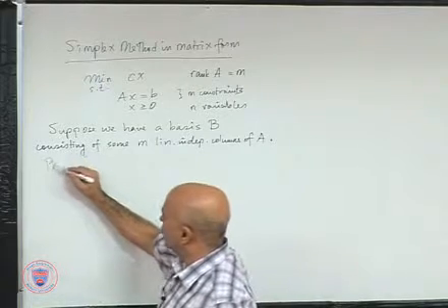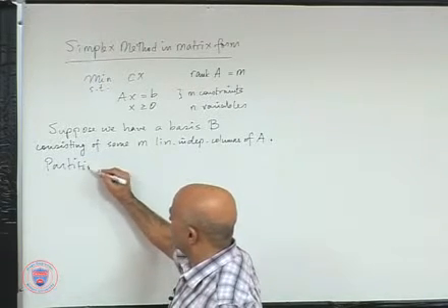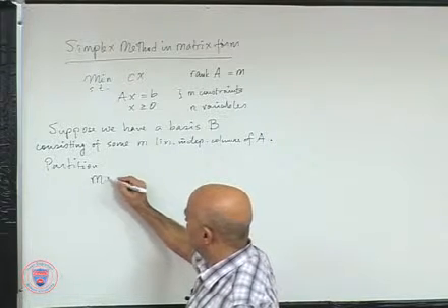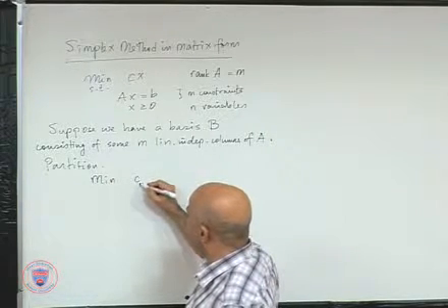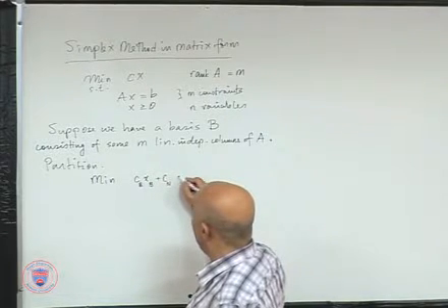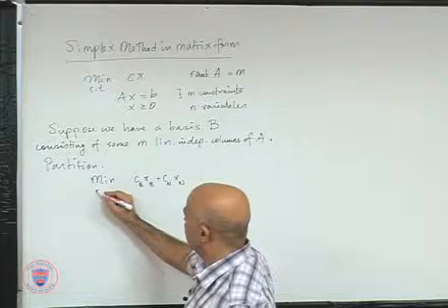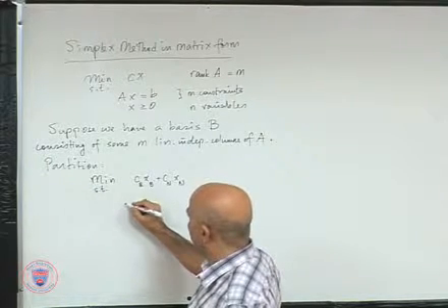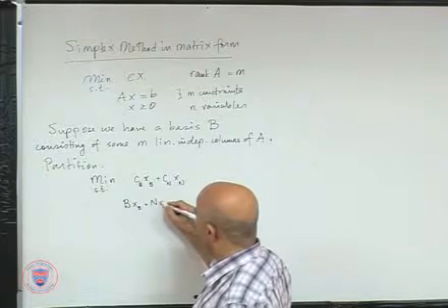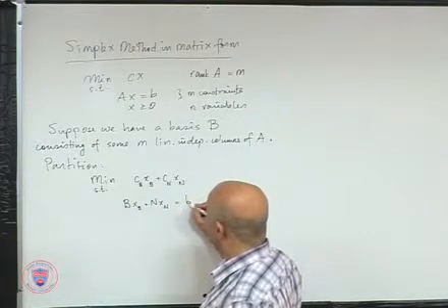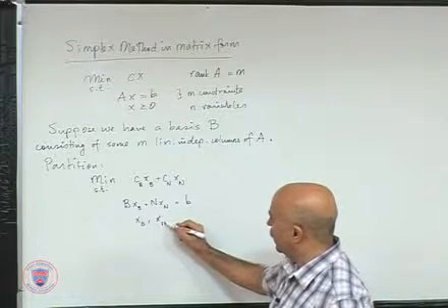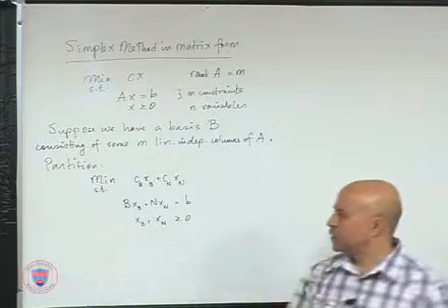So we partition the problem in the form minimize c_B x_B plus c_N x_N subject to B x_B plus N x_N equals b, x_B, x_N greater than or equal to 0.